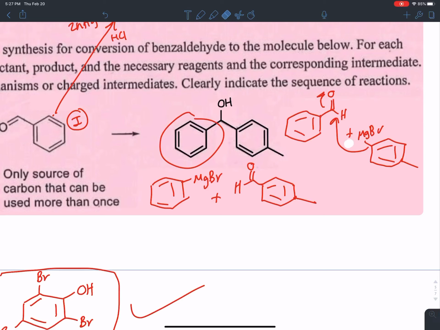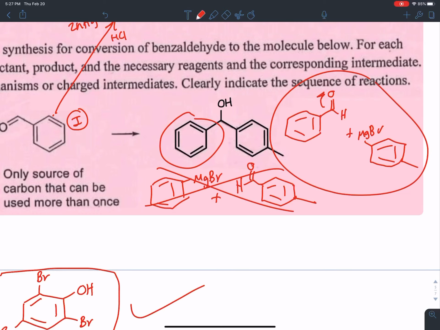So I didn't want to do the bottom combo because it just felt like it would be harder to do. This is not a donator, or not an activator, so I would have had to remove this, add the methyl, and then make a double bond O there again, which could have made the double bond O on this side too, so that would have created problems, which is why I picked the other set. I wanted to do this way.